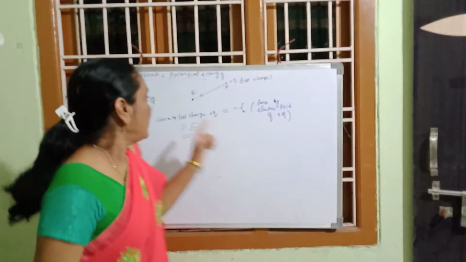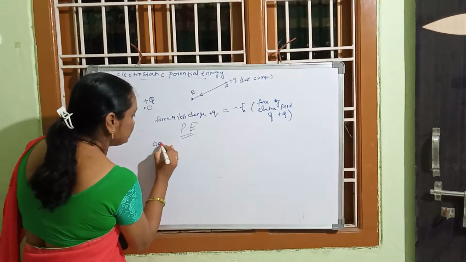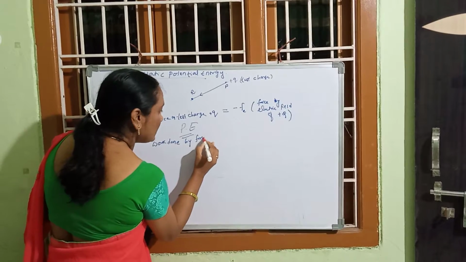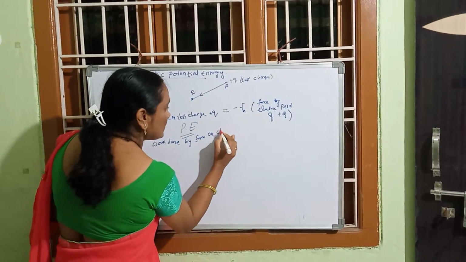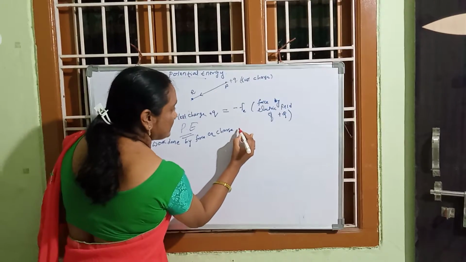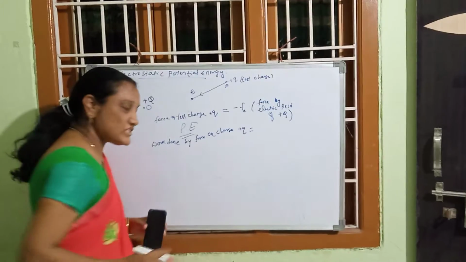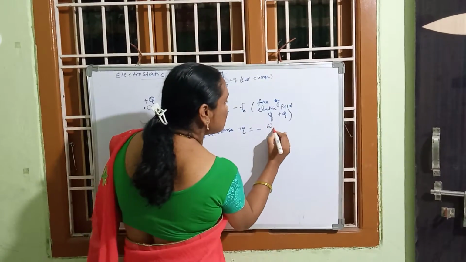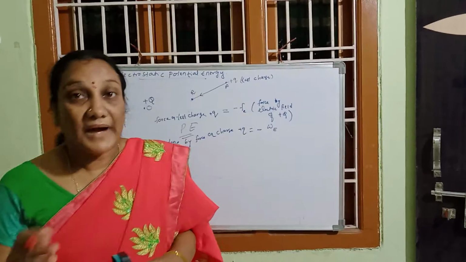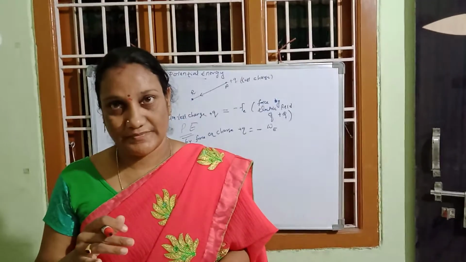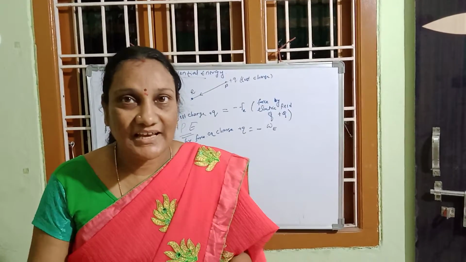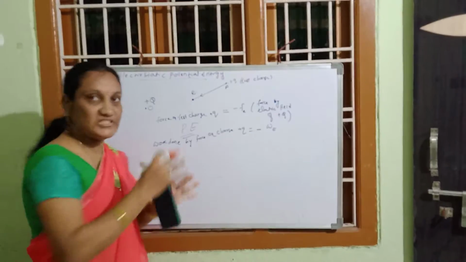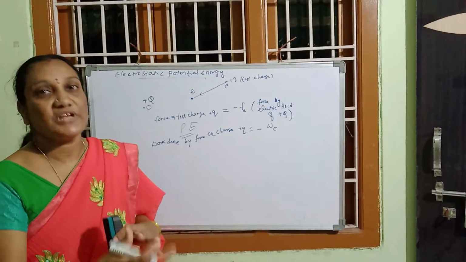So here the work done by the force on charge plus Q is equal to the negative of the work done by the electric force, and this is stored as potential energy in the system.